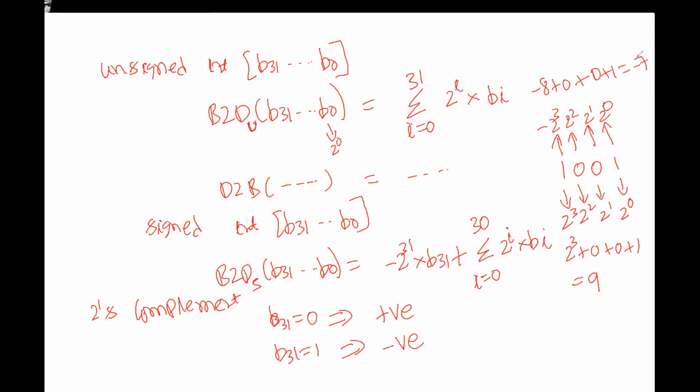The same 1001, if you interpret it as an unsigned number, its value will be equal to 9. And if you interpret it as a signed number, its value becomes -7.